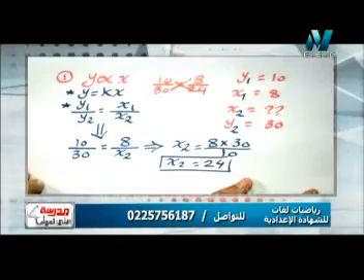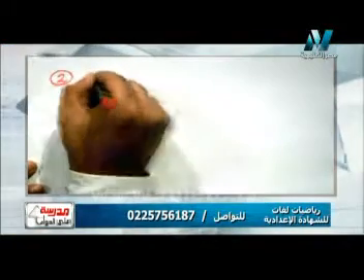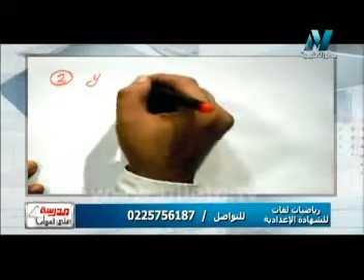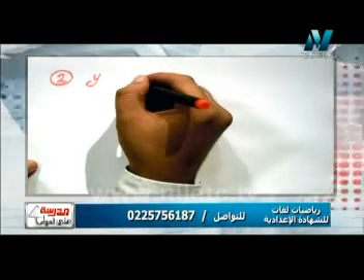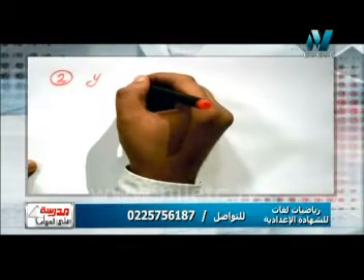Okay, another one. If y varies as x, and y equals 14 when x equals 42, then find the relation between x and y, then calculate the value of y when x equals 60.